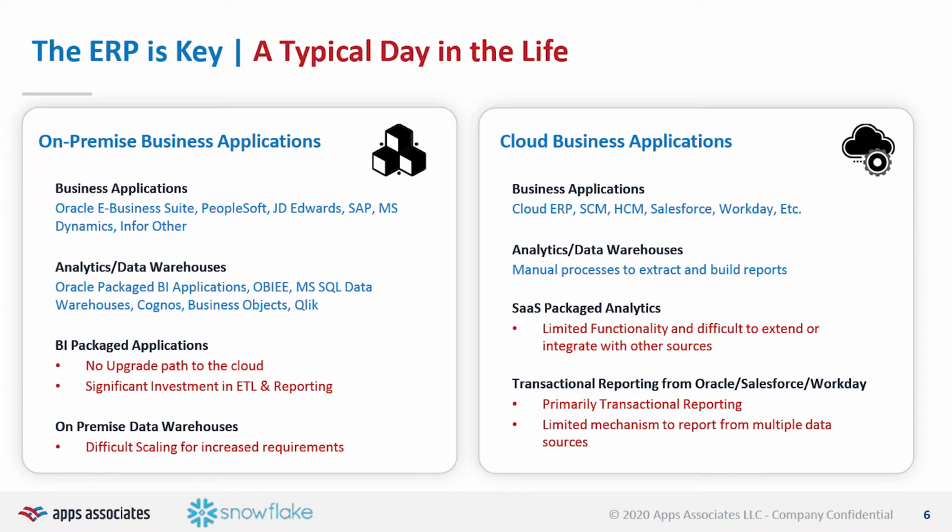And then you've already made significant investment in your data processing and reporting, and definitely don't want to lose sight of all of that investment. So the difficulty of scaling that on-premise customers encounter is a significant roadblock in enabling customers to use this information.